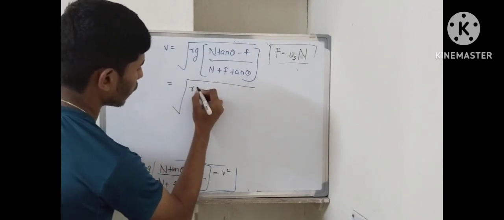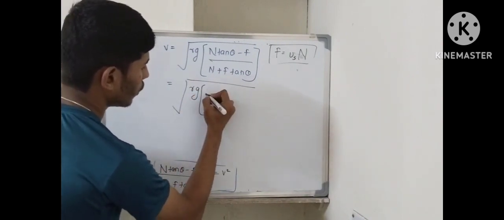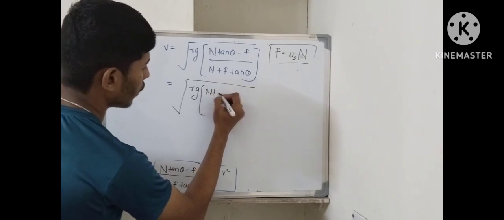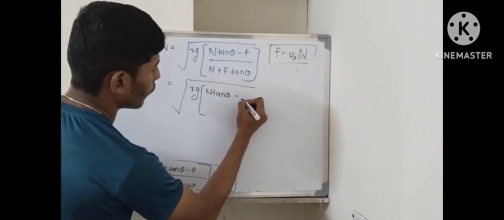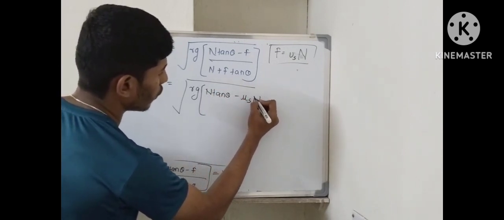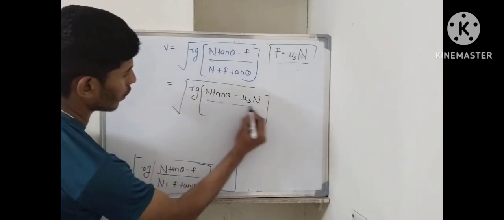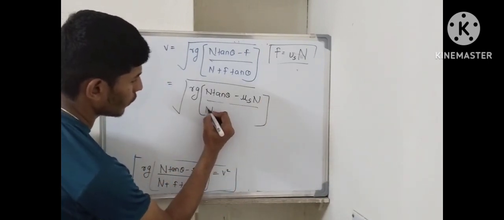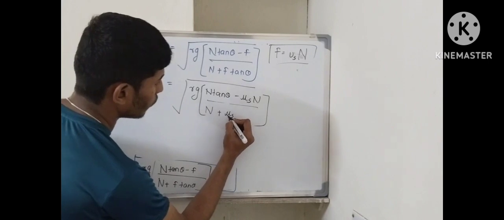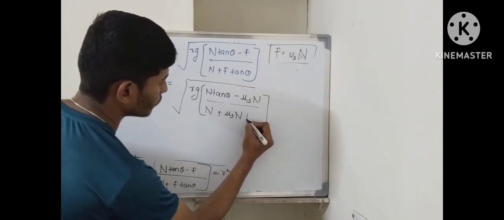What will we get? rg into N tan theta minus mu s into N upon N plus mu s into N tan theta.